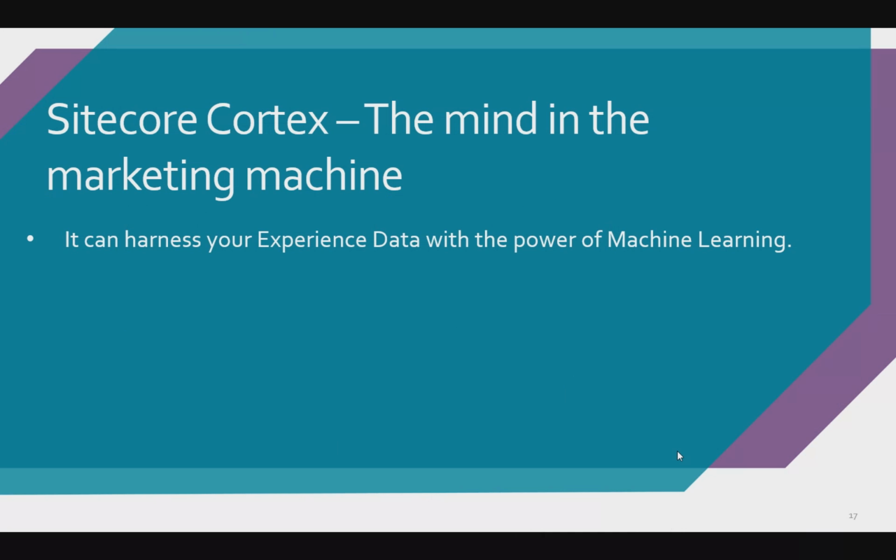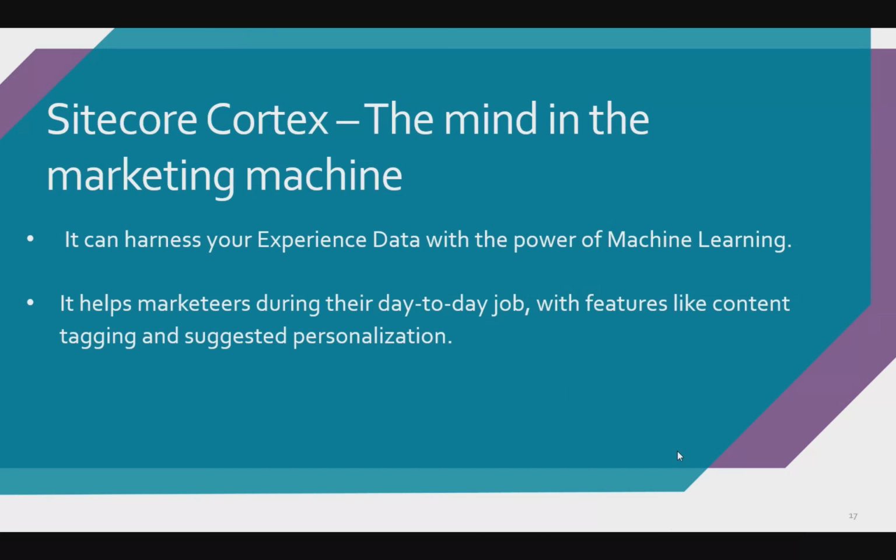So just to recap, Sitecore Cortex, the mind of a marketing machine. It can harness your experience data with the power of machine learning. It can help marketers in their day-to-day job with features like content tagging and suggested personalization.